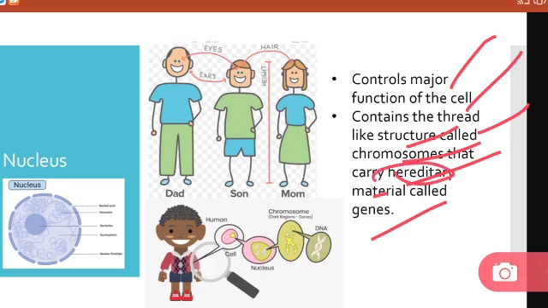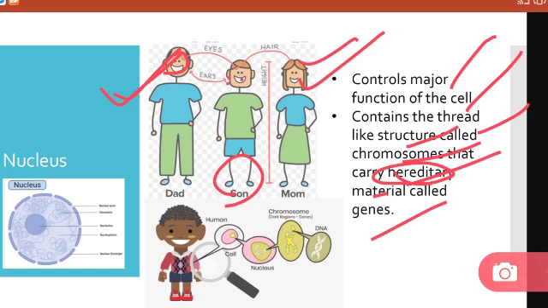Now, what are these hereditary material? Let us understand now. Okay. Now, here you can see that here is a child, here is the child's father, and here is the child's mother. You can see that the eyes of the child are same as father. Hair of the child is same as his mother.